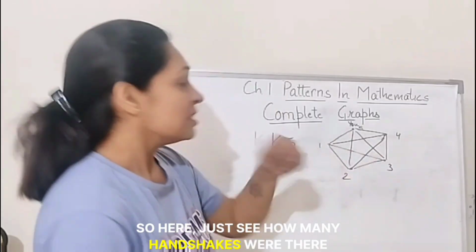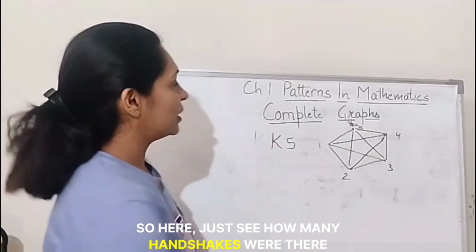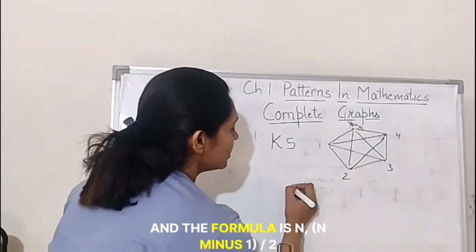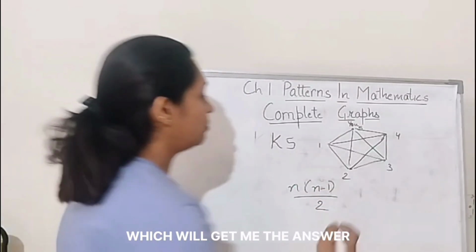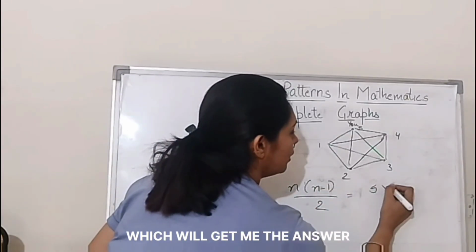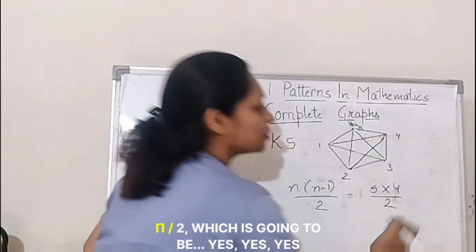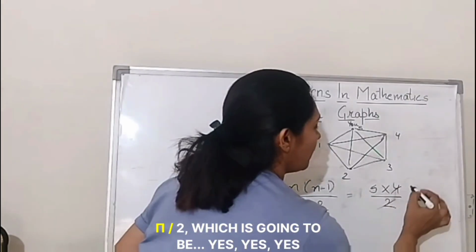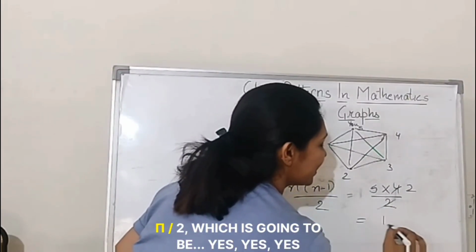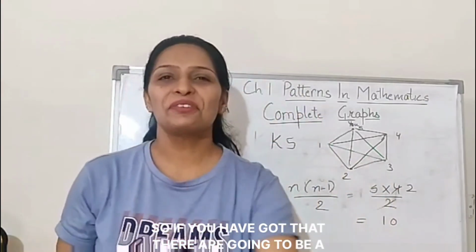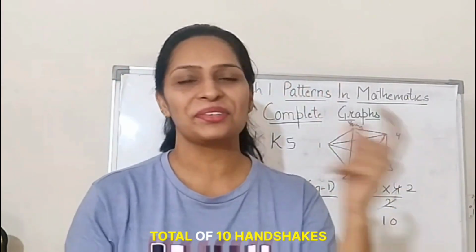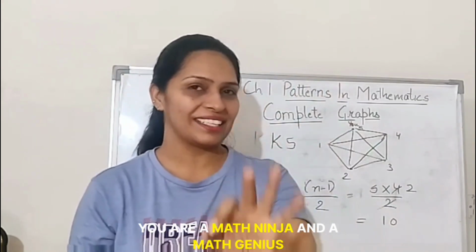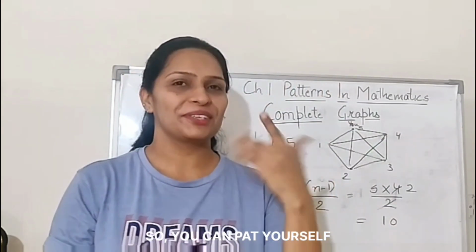So here, just see how many handshakes there were. And the formula is n times n minus 1 over 2, which gives 5 times 4 over 2. So if you got that there are going to be a total of 10 handshakes, you are a maths ninja and a maths genius. You can pat yourself.